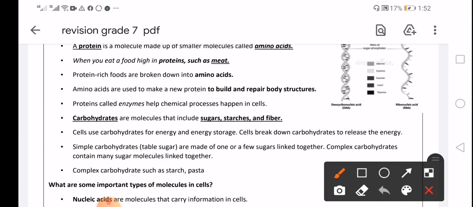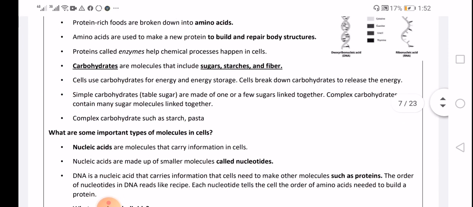We have two types of carbohydrate: simple carbohydrate, like table sugar, made up of only one or a few sugars linked together, and complex carbohydrate, made up of many sugars linked together, like starch and pasta.